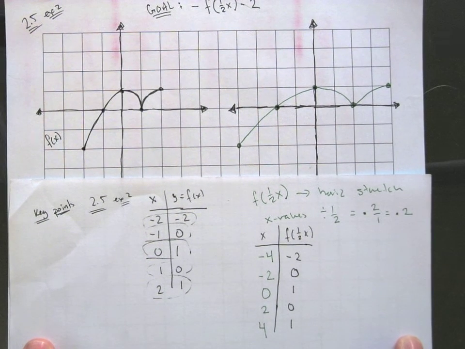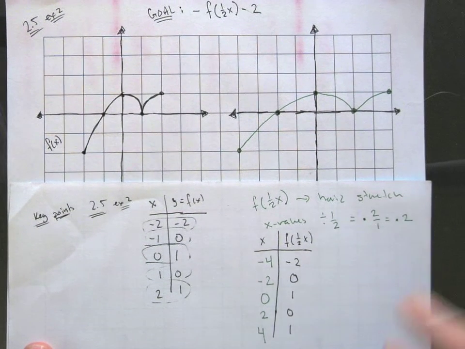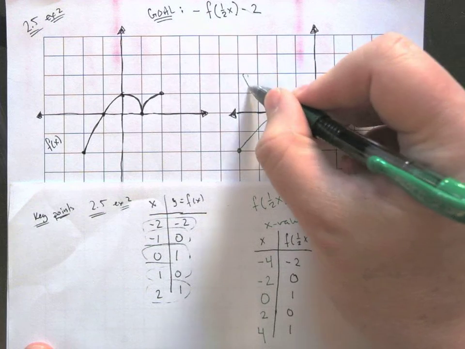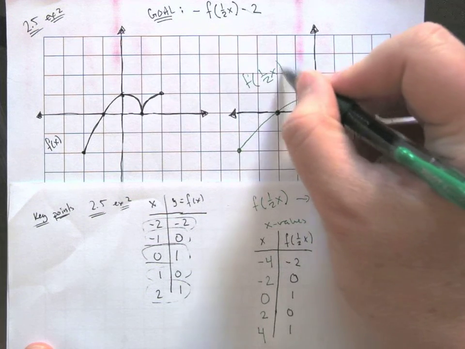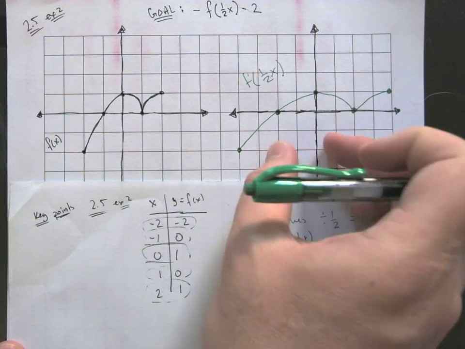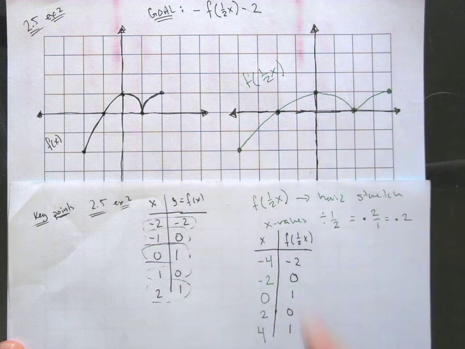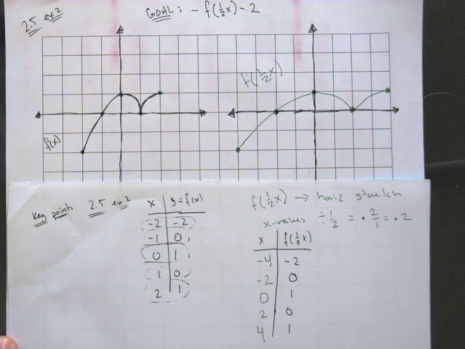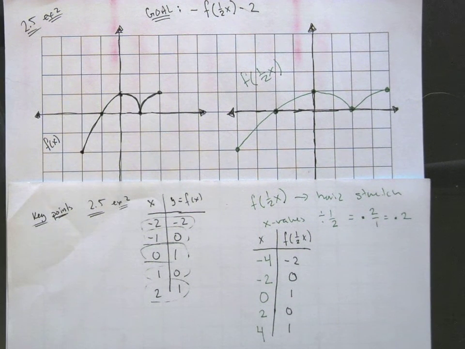So you can see it roughly keeps the same shape. So this is f of 1/2 x. It more or less keeps the same shape. It's just been expanded from the center. All of our points got shifted away from the y-axis. So that's step 1. We're going to pick up with this in the next video, so it's not too long at a time.